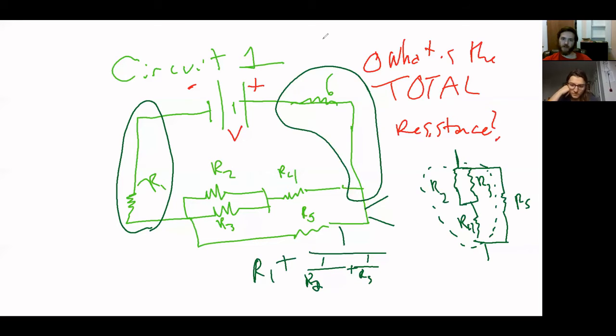Okay, switch colors. So for this branch right here, what we can do is, well, that is also its own little complicated circuit. So whenever we have a parallel, we want to solve for those parallels, and then we want to solve for everything else. So we have 1 over R2 plus 1 over R3. And I'm actually going to write that with our composition form that I showed you before.